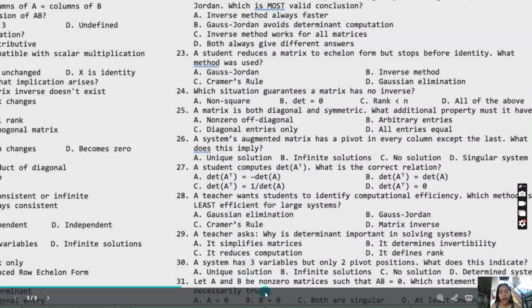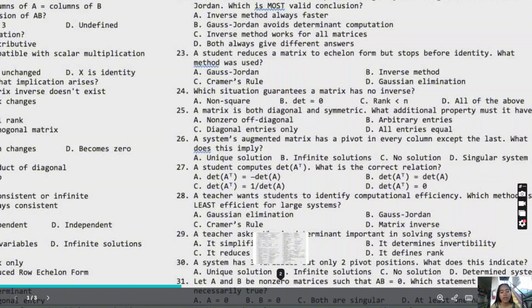Next is number 29. A teacher asks, why is determinant important in solving systems? Our answer is letter B, it determines invertibility. The determinant tells us whether the coefficient matrix is invertible or not.